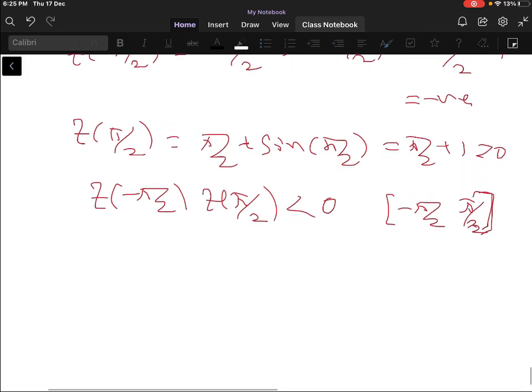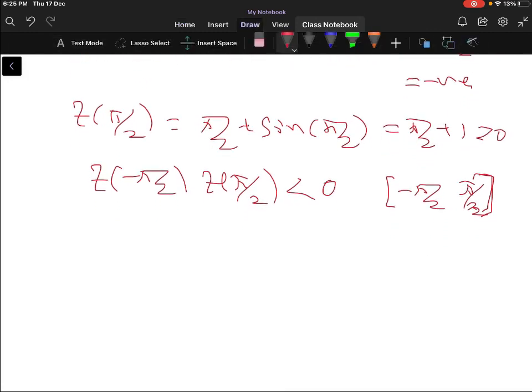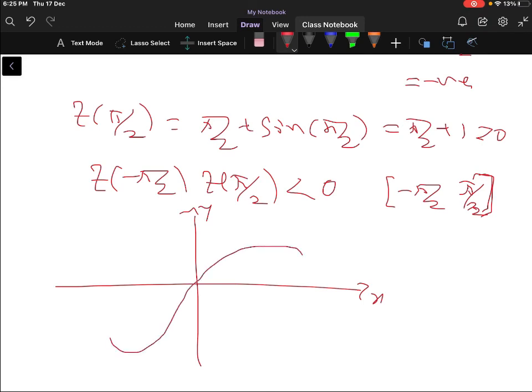Let us draw the graph of this function. This is the x-axis, this is the y-axis. So the x plus sin x curve is like this. Here at x equal to minus pi by 2, and here x equal to pi by 2. So this point is the root of this equation x plus sin x is equal to 0.